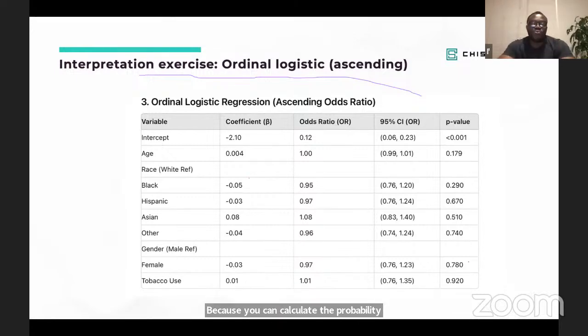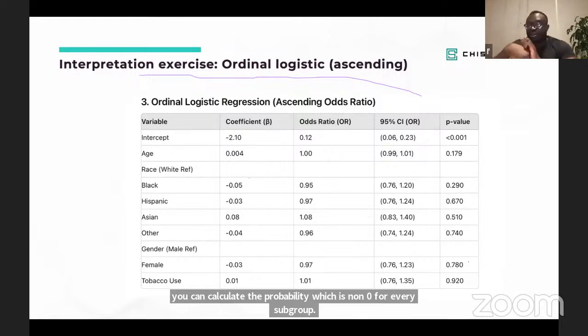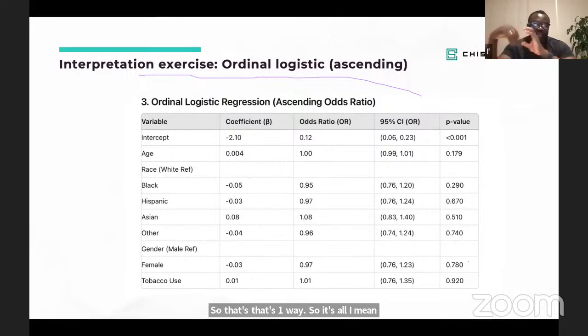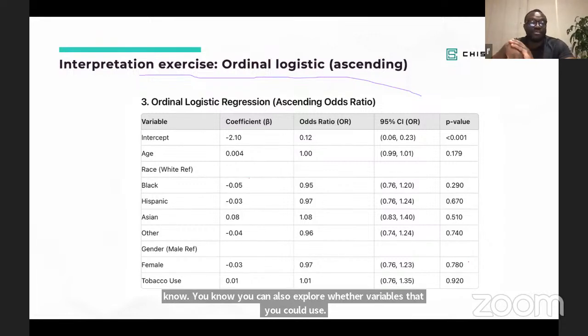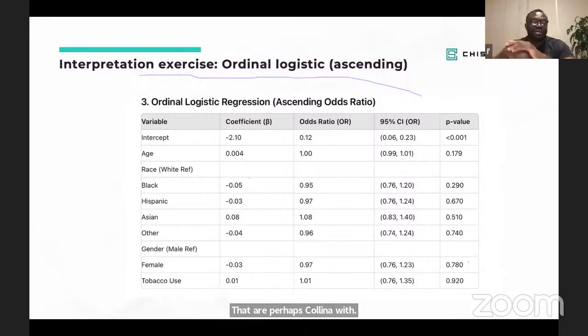So that's one way you can do it. Life is all about trade-offs, so you realize what kind of trade-offs you are dealing with. You can also explore whether there are other variables, perhaps collinear with BMI, that you could use instead of BMI in your model. That's one other option you could explore.